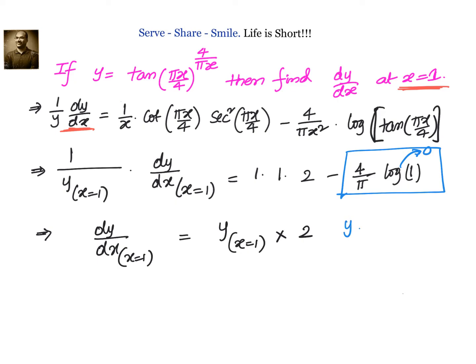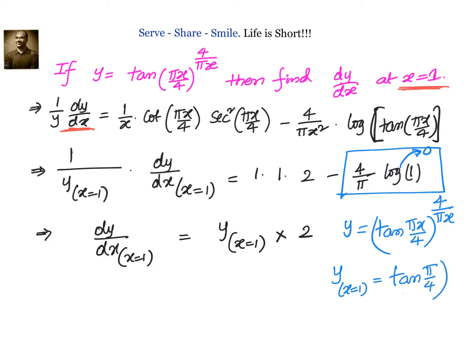We say y equals tan(πx/4) whole to the power of 4/(πx). Substituting x equals 1, y when x equals 1 is tan(π/4) whole to the power of 4/π, that is 1 to the power of 4/π, which equals 1.